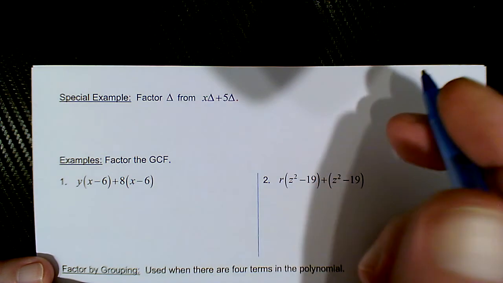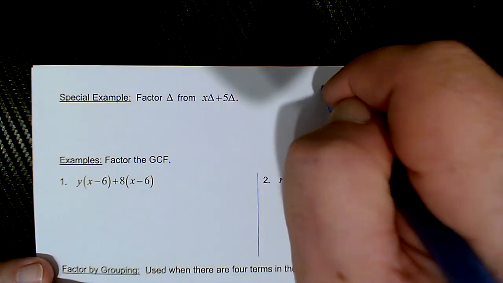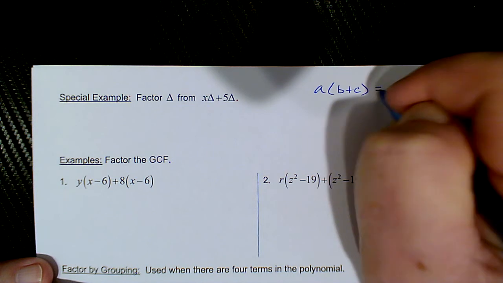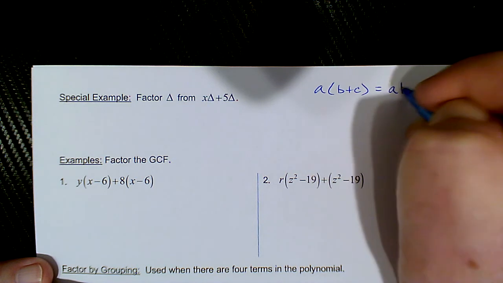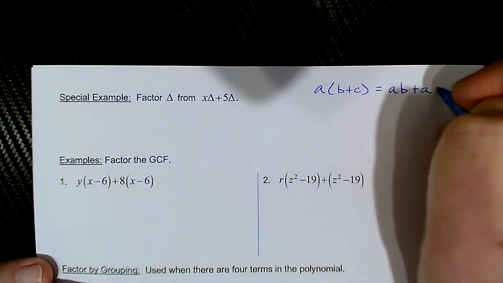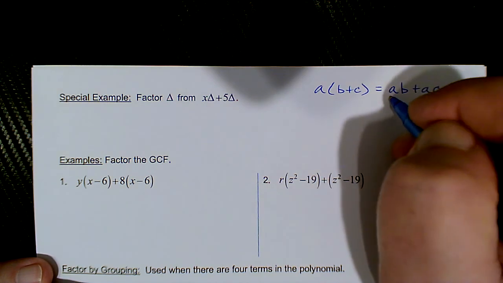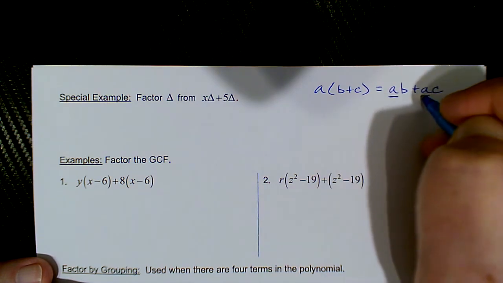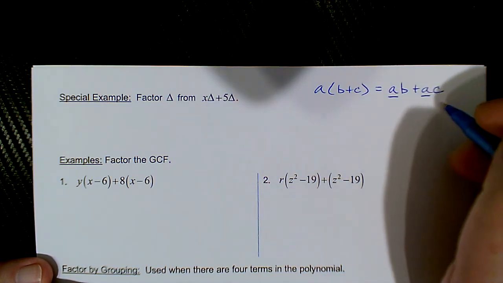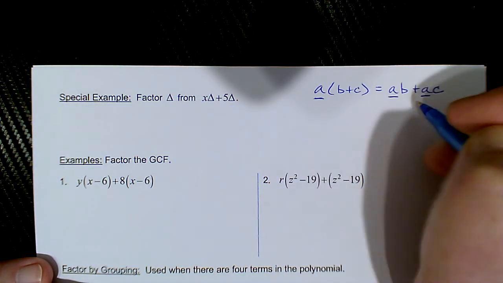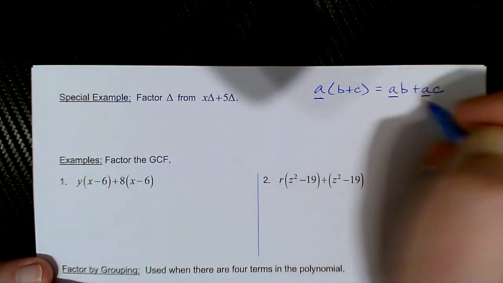We know the distributive property is a times b plus c gives us a times b plus a times c. And we saw how when we have that common factor of a, we could basically factor it by reversing this distributive property.